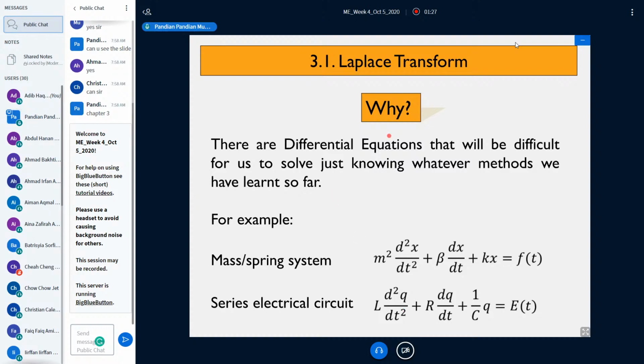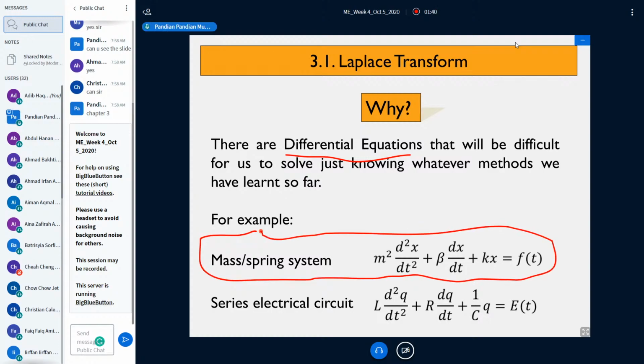And if you wonder what the applications of this differential equation are, for you in mechanical engineering, this is the very famous mass spring system equation: m d squared x dt squared plus beta dx dt plus kx equals f(t).